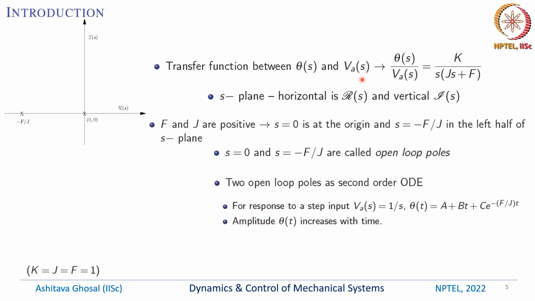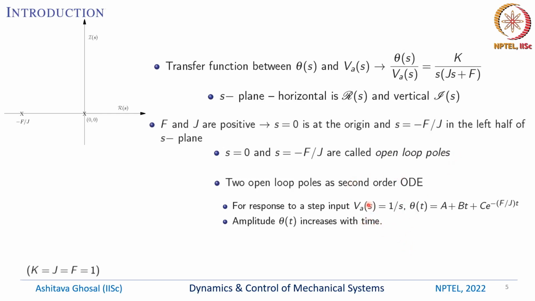So to obtain the response of this system, which is theta s divided by Va of s equals k divided by s into (js plus f), we need to give an input which is Va of s. There are various possible inputs which we can give. In control system analysis, one of the standard inputs is a step input.